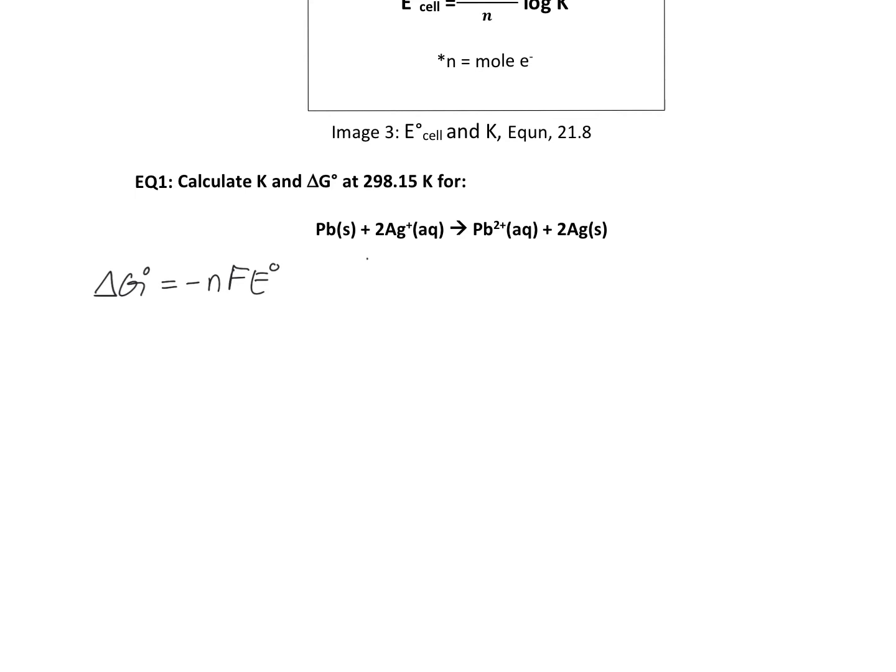We also know that E cell at standard state is equal to 0.0592, this is volts, over n times the log of K. All right, so what we want to solve for is K, that is right here, and we want to solve for delta G, which is right here.